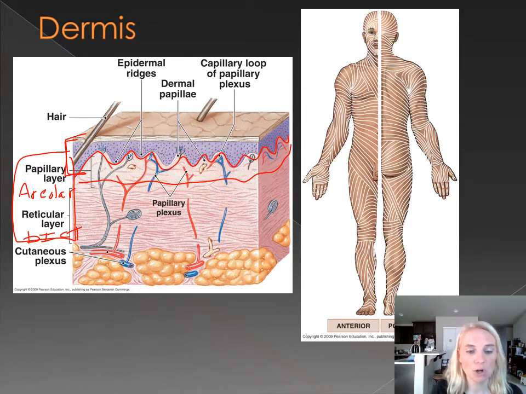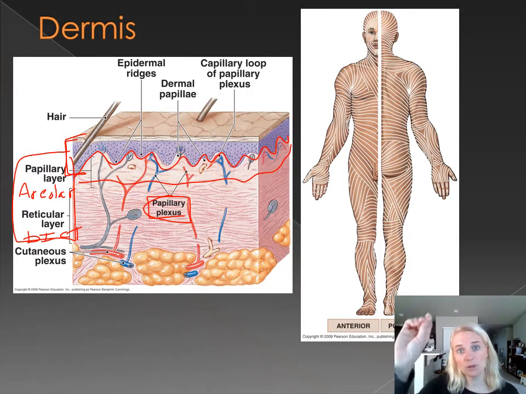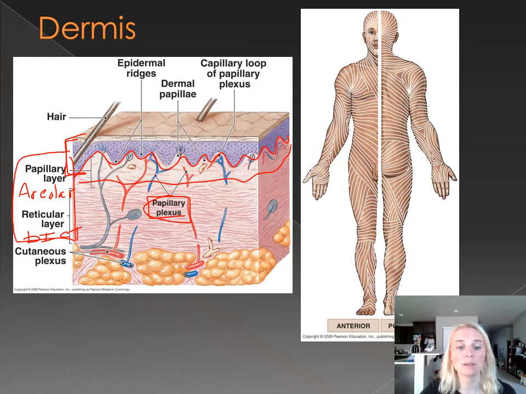So we have what's called the papillary plexus. A plexus is like a network. So we have a network of capillaries that are way up close to the top of the papillary layer, right in those epidermal ridges, right in the dermal papillae, and that is the blood supply, the capillary loop of the papillary plexus. So that's where the epidermis gets all of its nutrients and waste exchange, in addition to feeding the cells of the dermis as well.